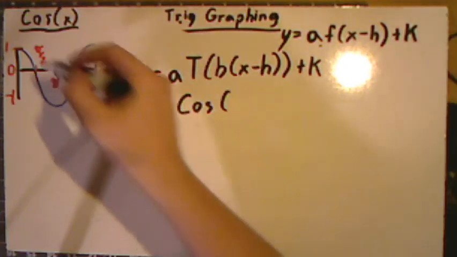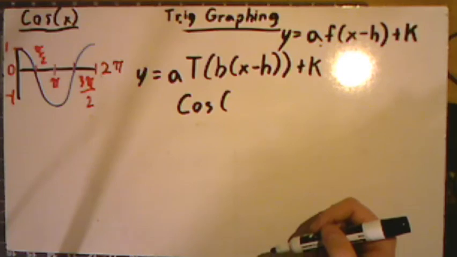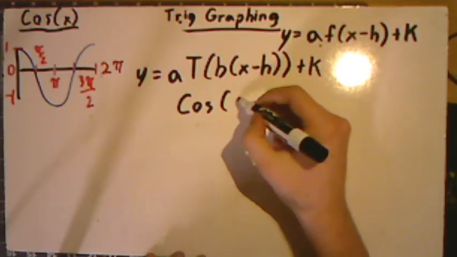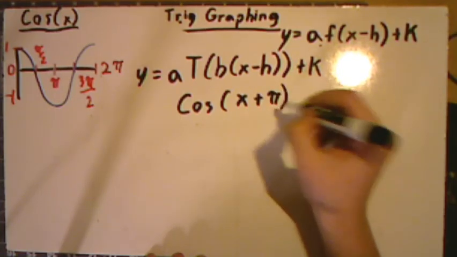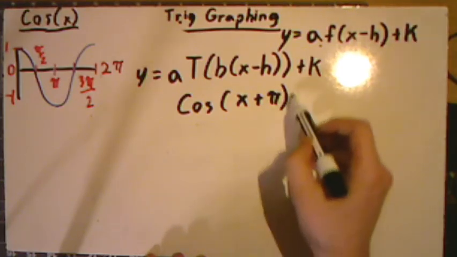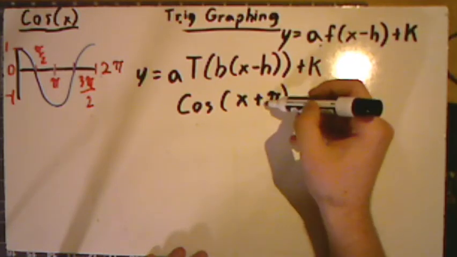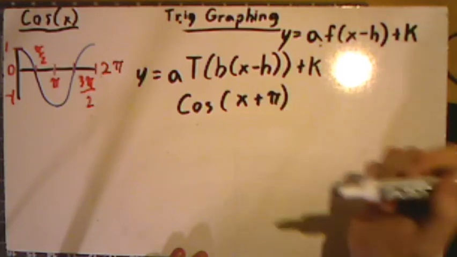So that's the pi over 2, pi, 3 pi over 2. So I'm going to change this by a value of pi. So x plus pi. Now also to remember is that the value you see in the function, when it's positive, it actually goes left, and when it's negative, it goes right.